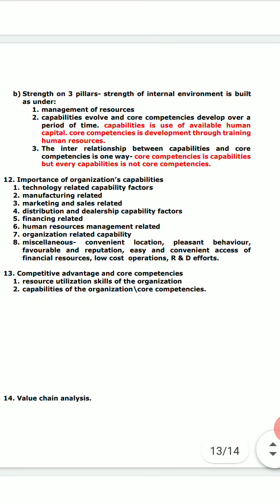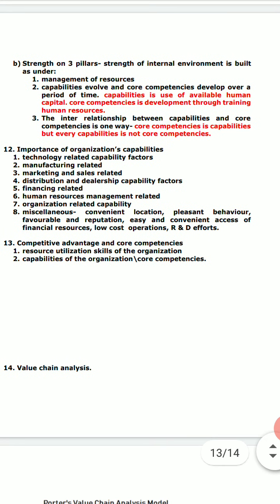The same three things have been explained as the three pillars on which the whole internal environment can be built. They can be considered as management of resources on one hand, capabilities and core competencies.